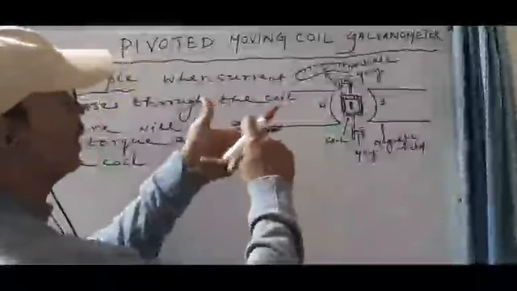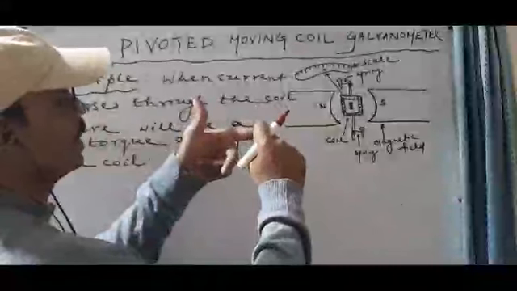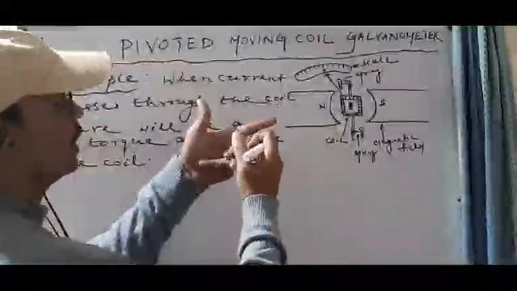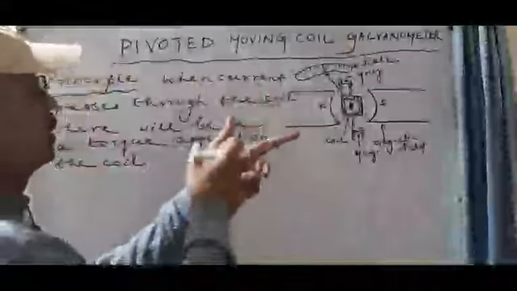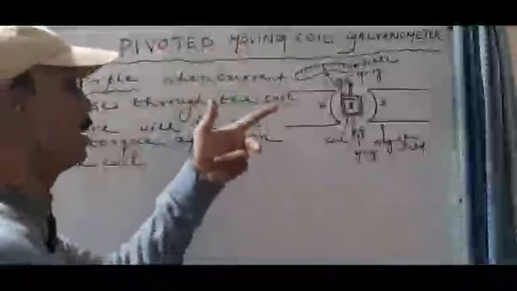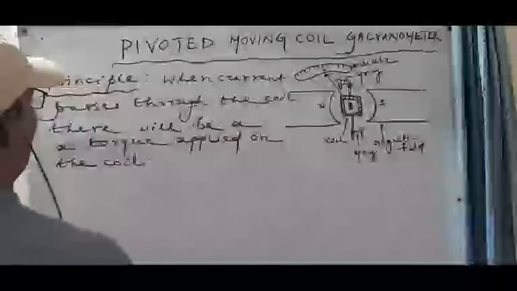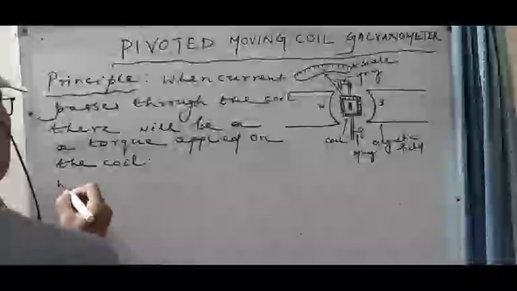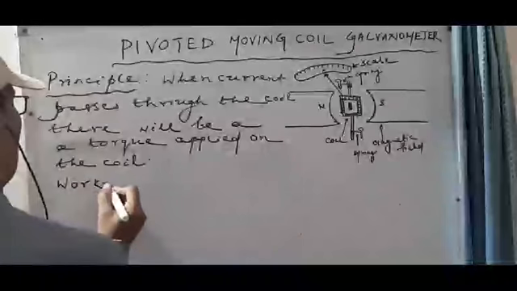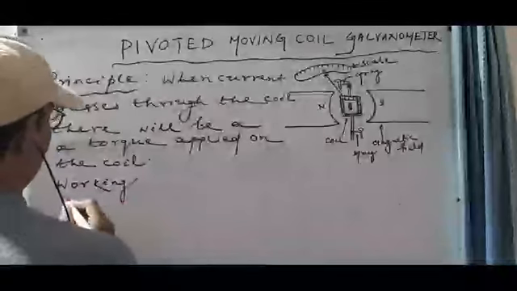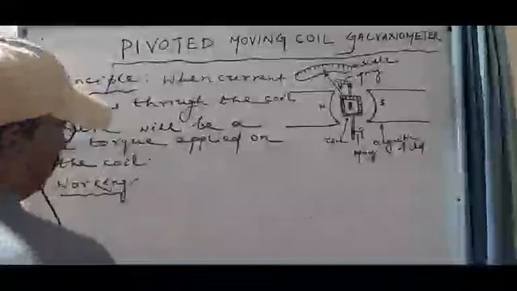One finger shows the direction of the magnetic field, another shows the direction of current, then it will show the force applied on the coil. Okay, so let's proceed further. Now the working process. So how does it work? Let's discuss.